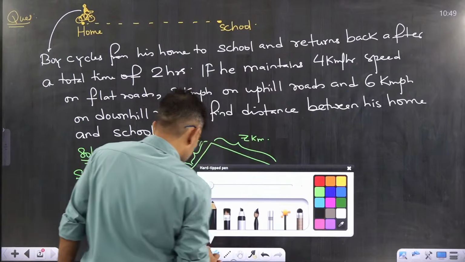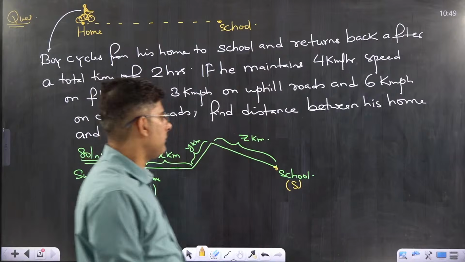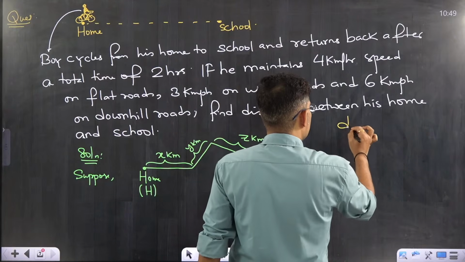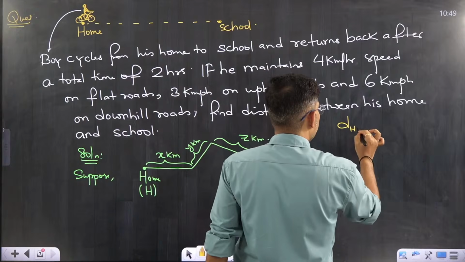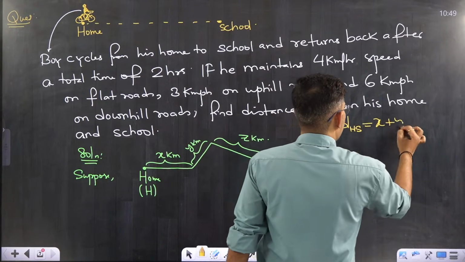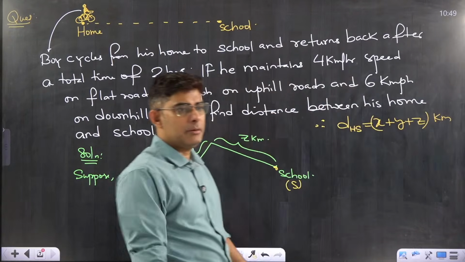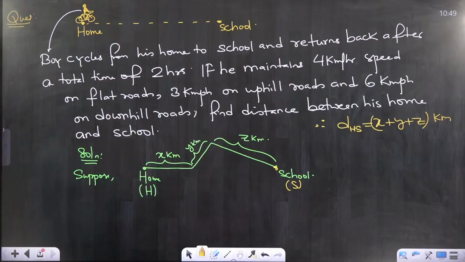Now they have said the total time taken and distance we have to find. What is the distance from home to school? I will say it is x plus y plus z kilometer, or not? Now it can be solved easily. How can you solve easily?